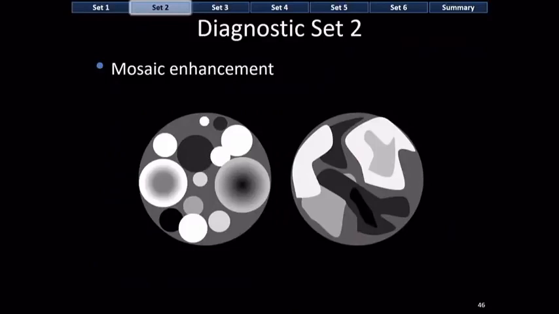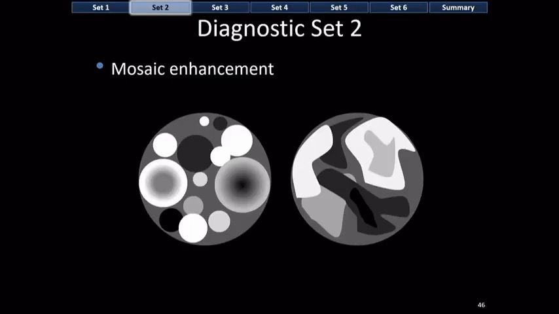Diagnostic set number 2 is Mosaic enhancement, and by Mosaic enhancement, I mean nodules that are composed of inner nodules or inner compartments. So the inner nodules are demonstrated on the left, the compartments are demonstrated on the right, and of course you might have a combination of nodules and compartments. On imaging, these different nodules will have different imaging features.